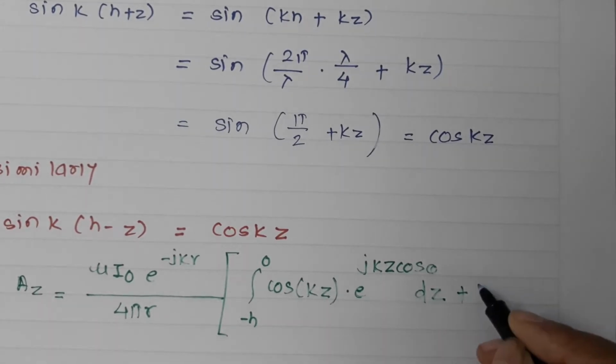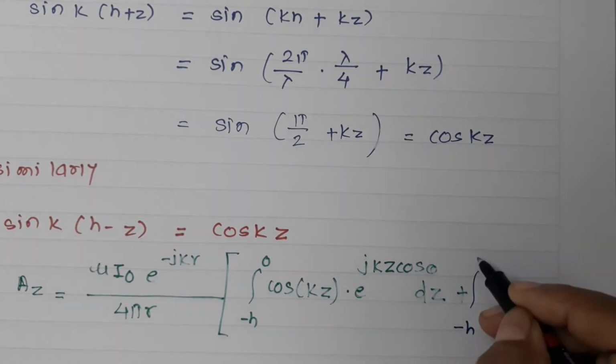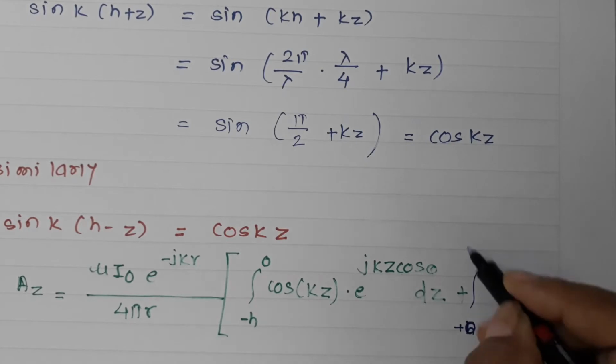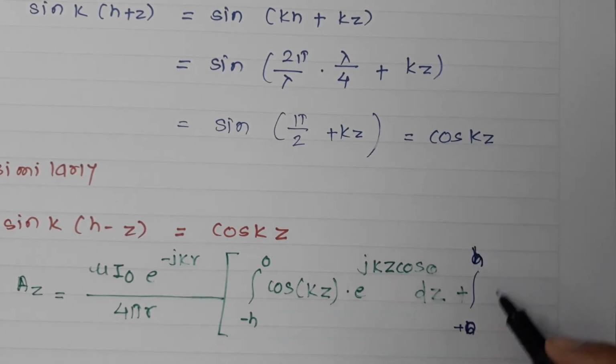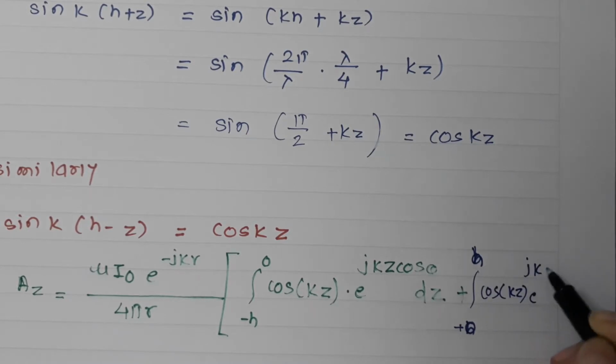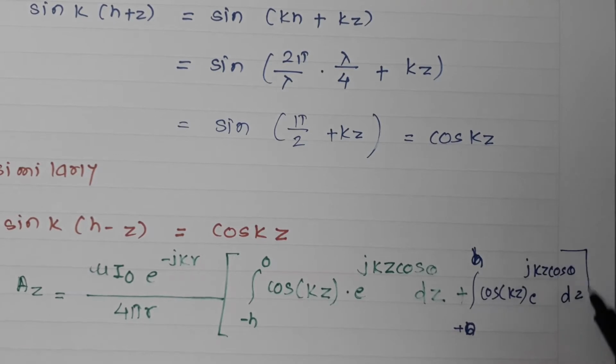Further integration is, sorry, from 0 to h of cos of kz e raised to jkz cos theta with respect to dz, and I'll complete this particular equation.